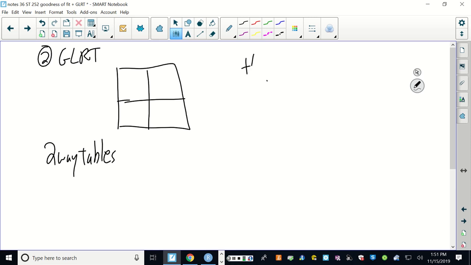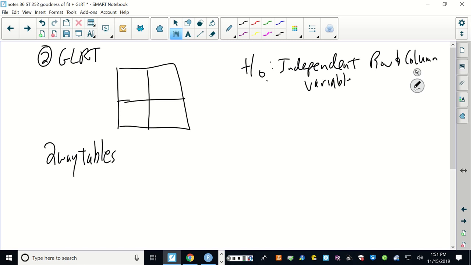The null hypothesis says that the dimensions are independent of one another: independent row and column variables. These don't just have to be two. They can be multiple rows and multiple columns.